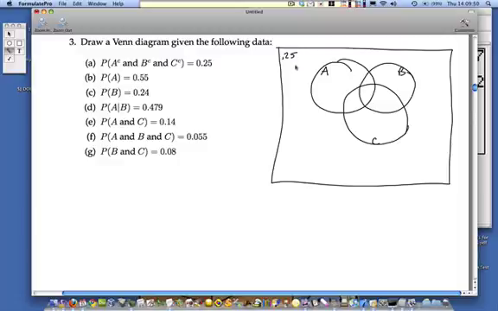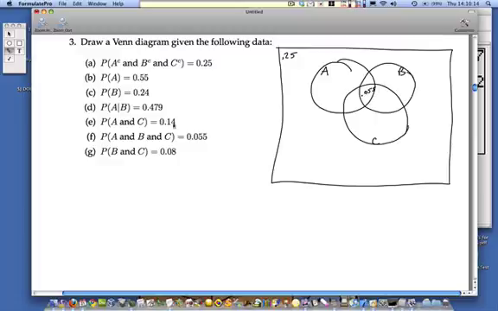That means we can't be inside any of the circles if we're in this condition. So the 0.25 is going to go outside. We also know that the probability of being in A and B and C at the same time is 0.055. So 0.055 will be that inside middle probability. That's A and B and C all at the same time.